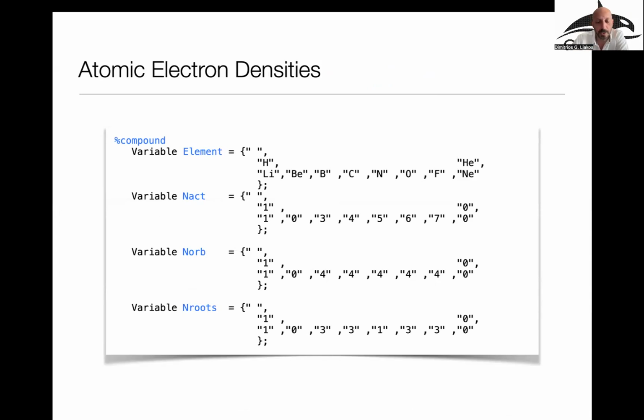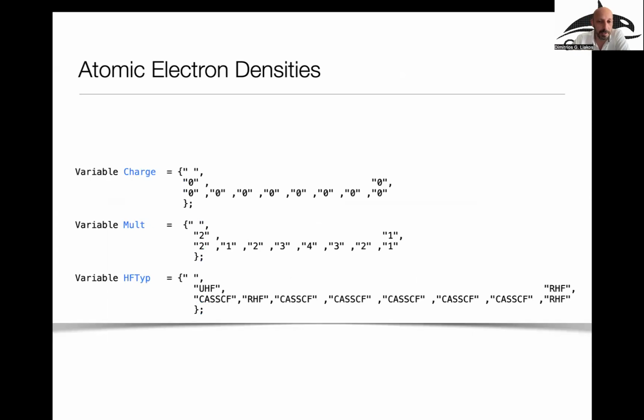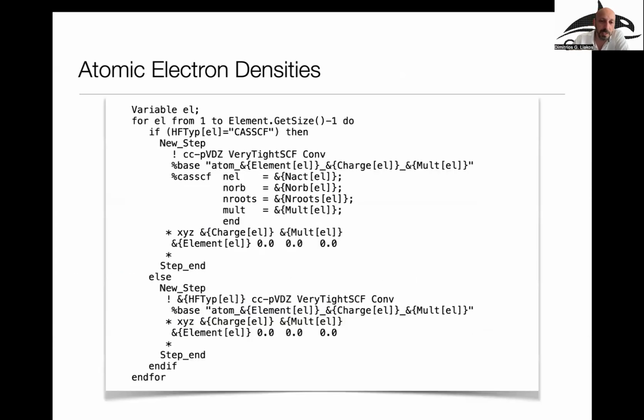We give a list of the number of orbitals that we will use in the CASSCF or in the Hartree-Fock. We give a list of the number of roots. Then the charge, multiplicity, the Hartree-Fock type, whether it's CASSCF or RHF, and then immediately we have this small script that will calculate all the electron densities for all the atoms we gave.